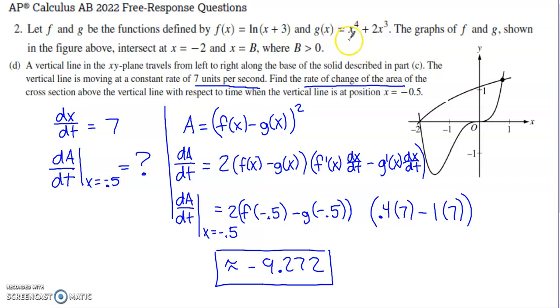So be careful with calculator input one more time. And what you should end up with for your final result there is negative 9.272. I don't think it asks for units or interpretation or anything, so definitely kind of weird. Again, in my opinion, the toughest part of any one of the 2022 FRQs. Hopefully this has helped you come to understand it to a certain extent.